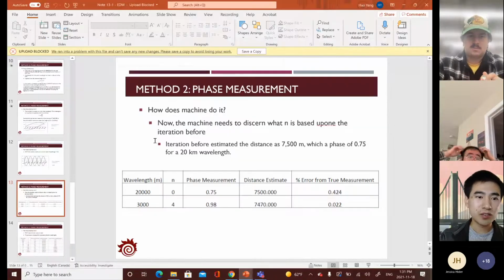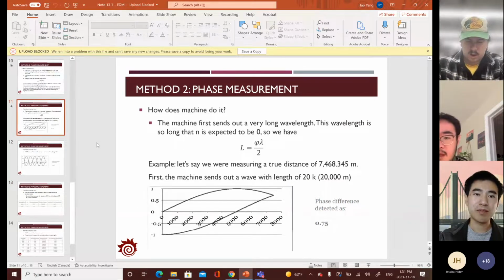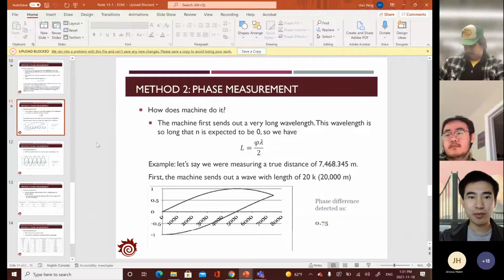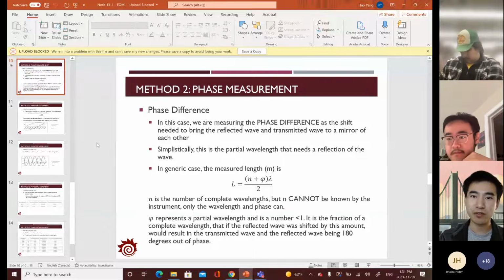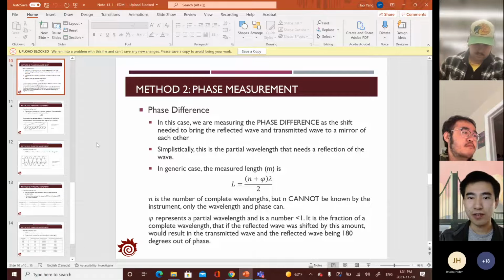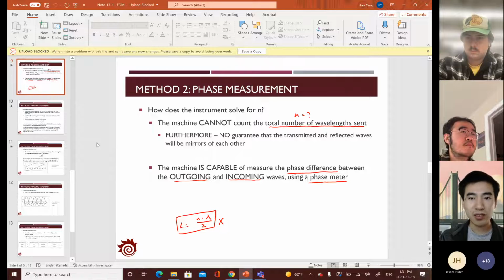Okay, so I will start where we left off yesterday about the different methods applied for electrical distance measurement. We introduced the first method, time of flight, and the second method is called phase measurement. We introduced some of the potential issues with phase measurement.